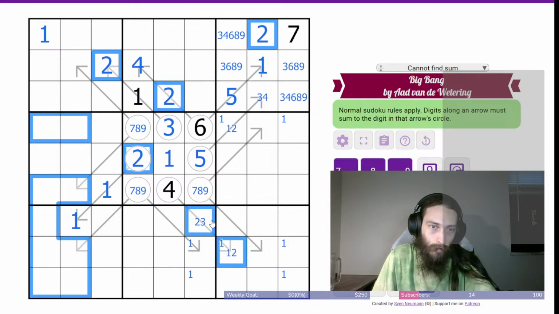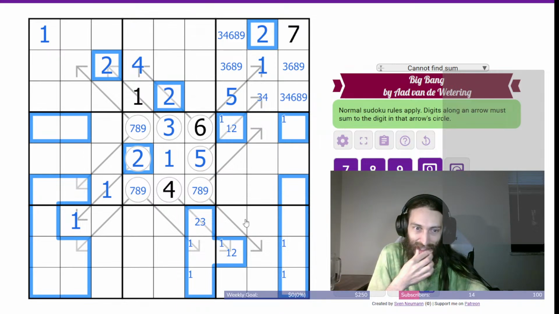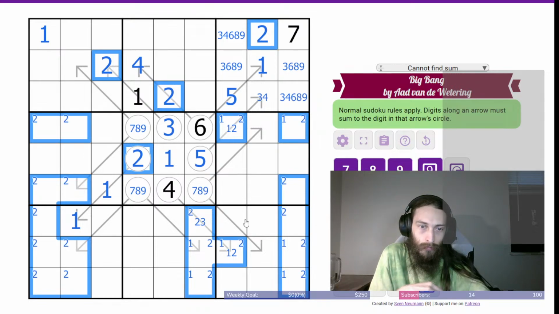There's still the possibility that this is double 2s. Did I miss anywhere a 2 could go? Because I didn't do that the most systematically I could. I think that's it.